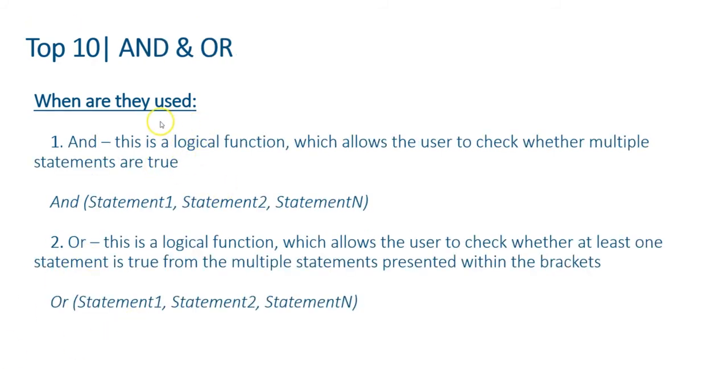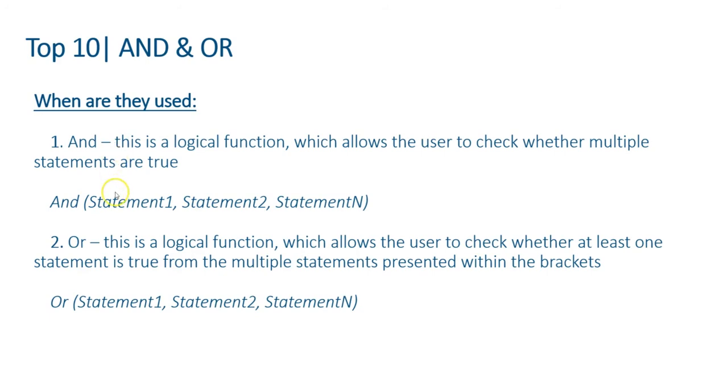Okay, now the next slide has AND and OR. These are two logical functions which are very often used, especially in combination with the IF statement formula that we discussed earlier in this course. AND is a logical function which allows us to check whether multiple statements are true.